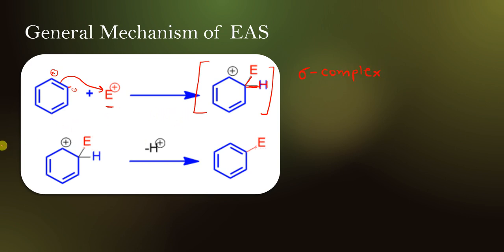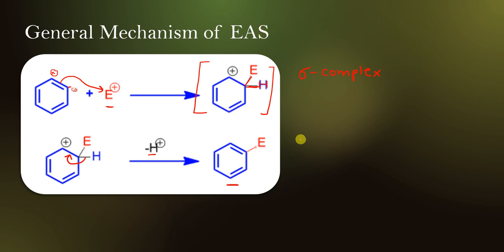Now in the next step, the C-H bond electrons will form a double bond, so the benzene ring gets its aromatic character back, and the H will eliminate as H plus, so we'll get substituted benzene. So this is a simple mechanism for electrophilic aromatic substitution reaction.